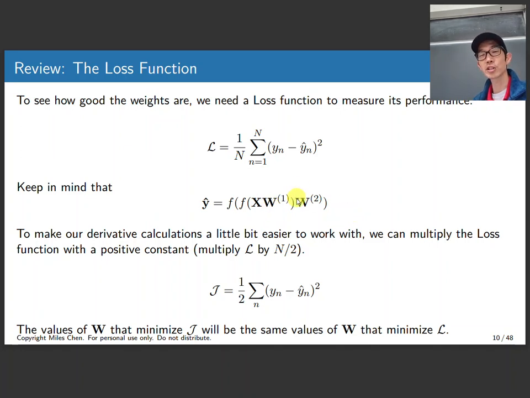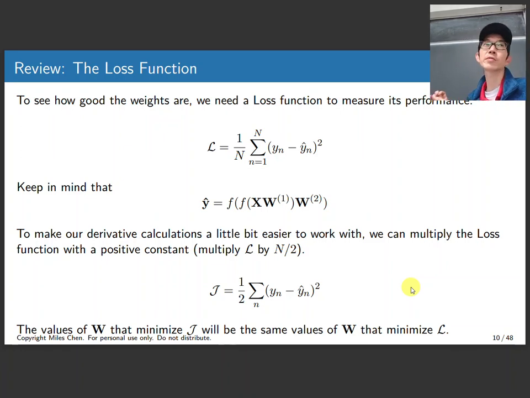Okay, so certainly changing W1 and W2 will affect what y hat is, but we're trying to figure out what values to use in W1 and W2 so that the y hats are as close as possible to the actual y values. That is the problem that we are facing. That's what it means to train the neural network.